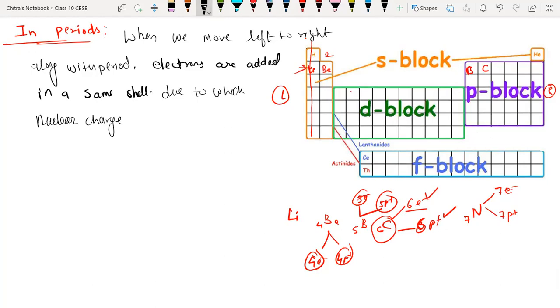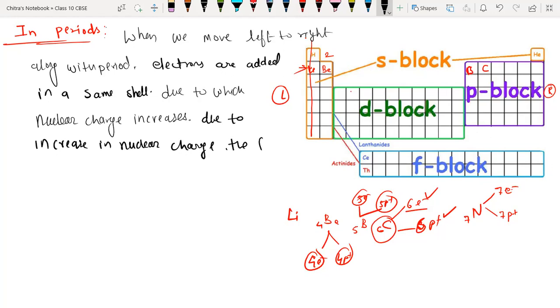Due to the increase in nuclear charge, the force of attraction between nucleus and outermost shell increases.